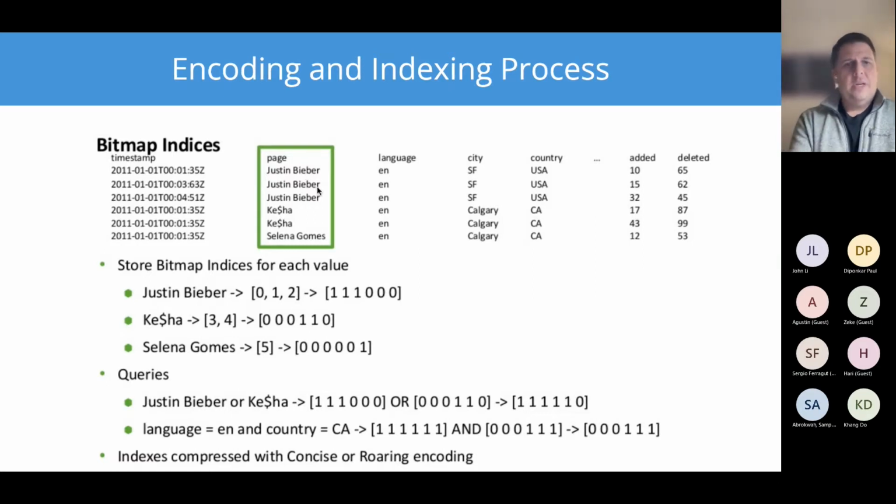So Justin's going to get his own bitmap index, and he's going to be in rows 0, 1, and 2, so we'll convert that to a bitmap index. Kesha is in position 3 and 4, so we'll denote that she's in 3 and 4, and Selena Gomez is in position 5.